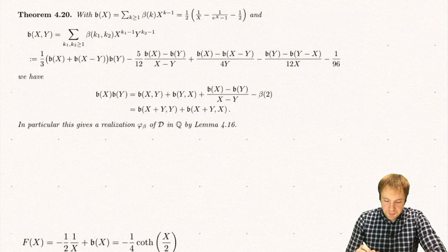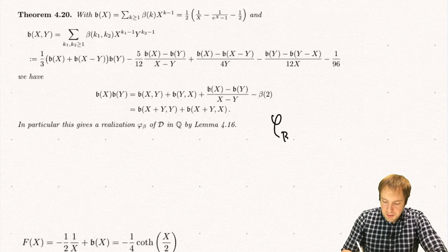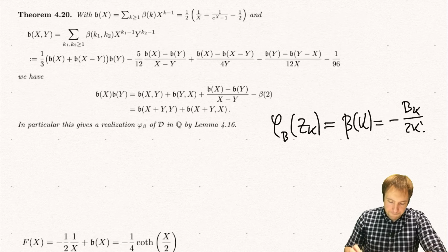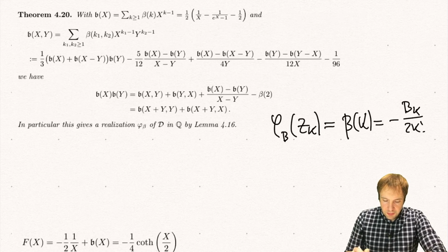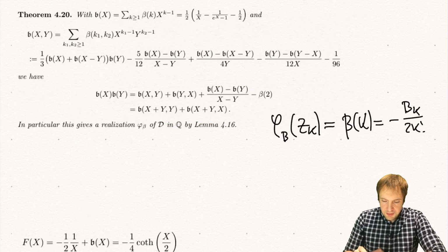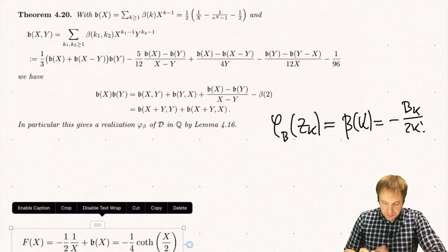So in other words, this gives a realization phi beta such that phi beta of zk is exactly this beta k, which again is just minus bk over 2k factorial. And well, this you can check by directly using this definition here, but what's behind this is also the following.